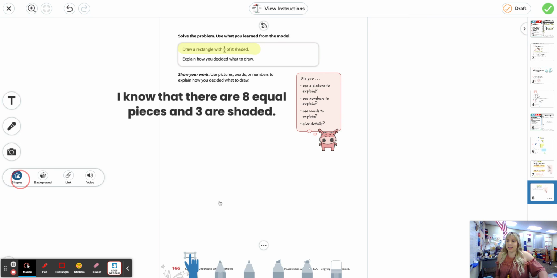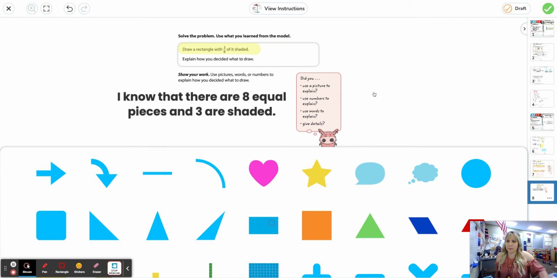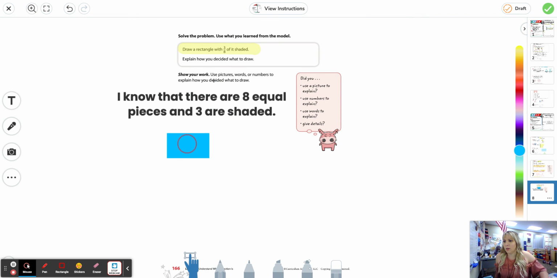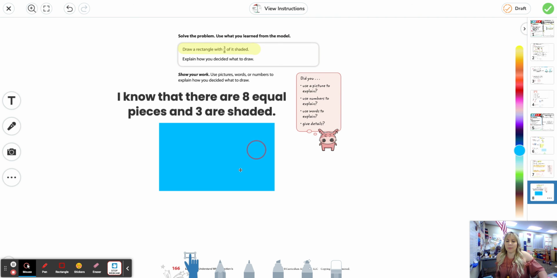So I'm going to grab my rectangle from my shapes bar. I'm going to move it down here. And the first thing I need to do is break it up into 8 equal pieces. And I can do that by going across for half, down for another half, and then down for another one. Think about how you can multiply to get 8.